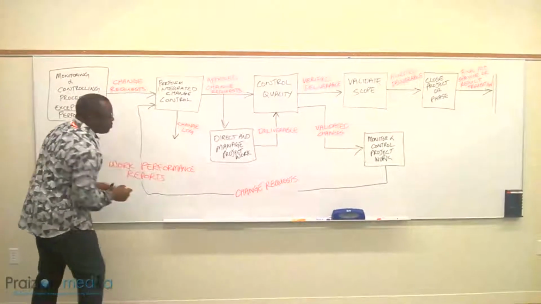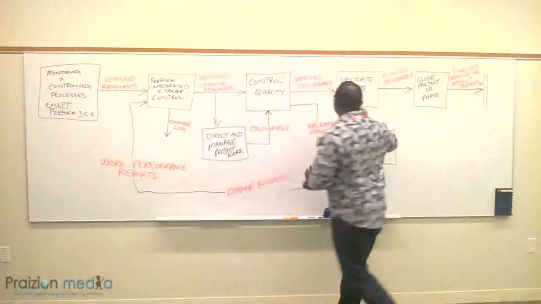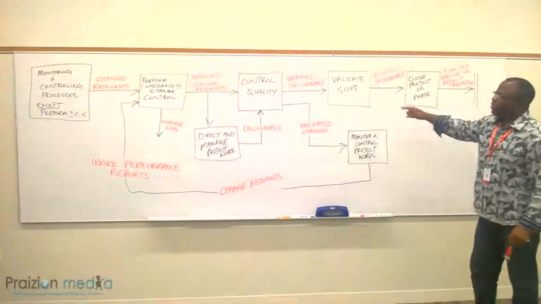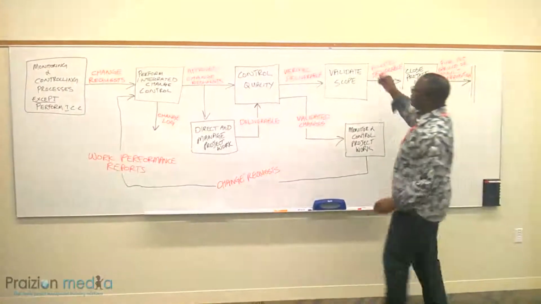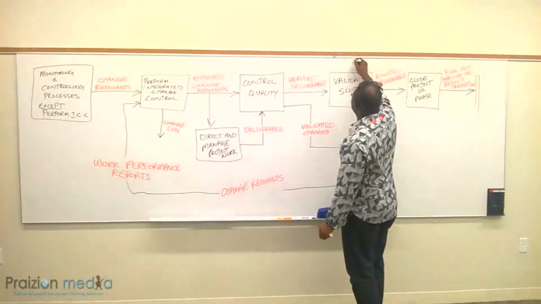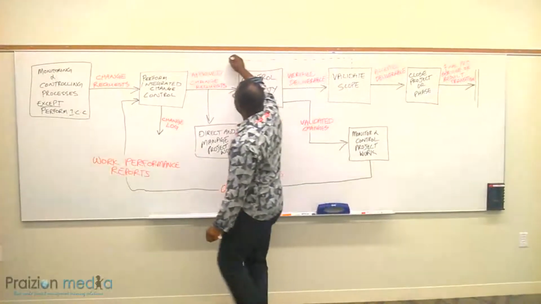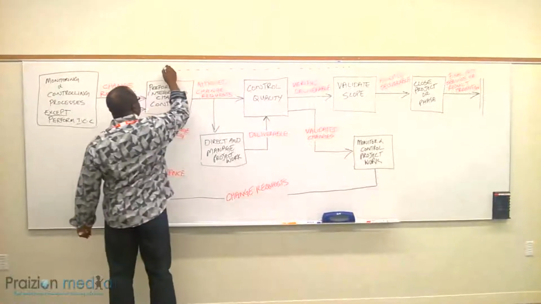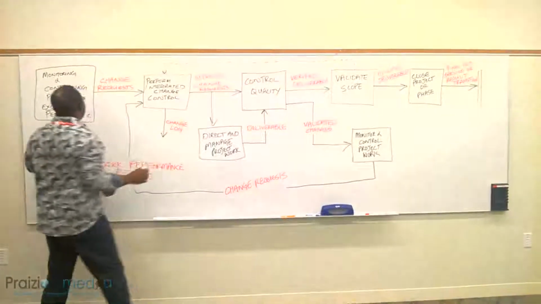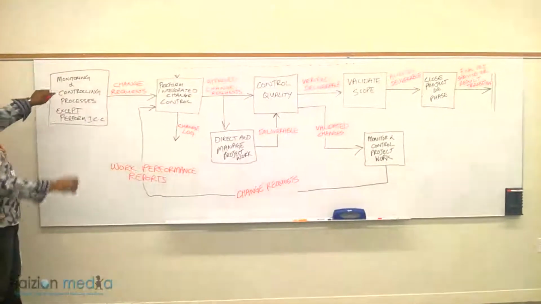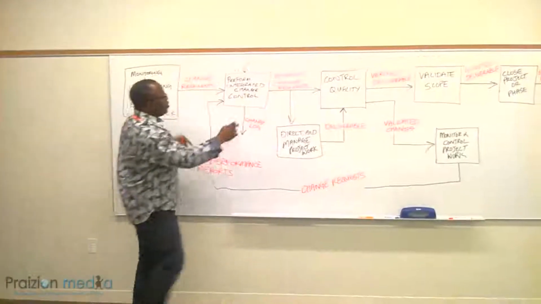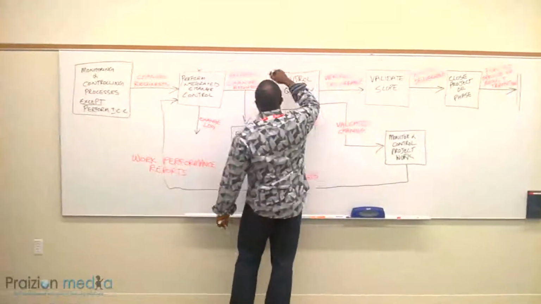Also remember though that in validate scope, if things don't go too well, you could have, again, change requests going back in here. I know we already have validate scope somewhat in here. We also have control quality somewhat in there.